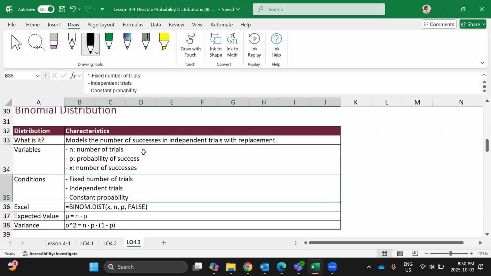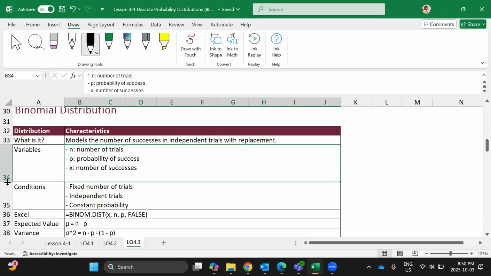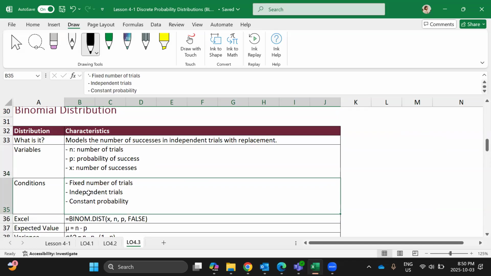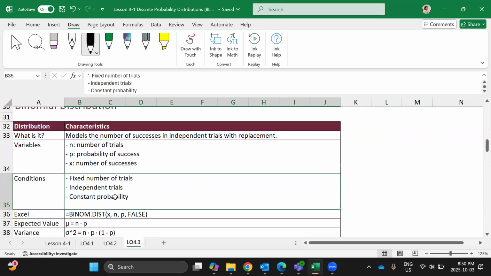That's called the number of trials. Then you need to know the probability of success and the number of potential successes you're looking for in the question. So something is binomial if there are two possible options, success versus failure, and if there's a fixed number of trials.